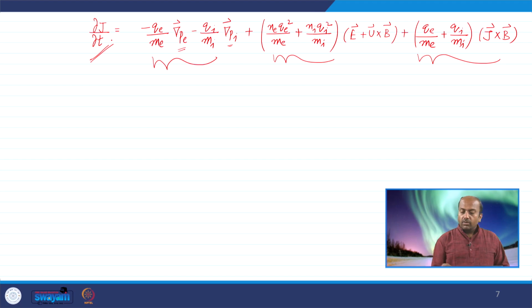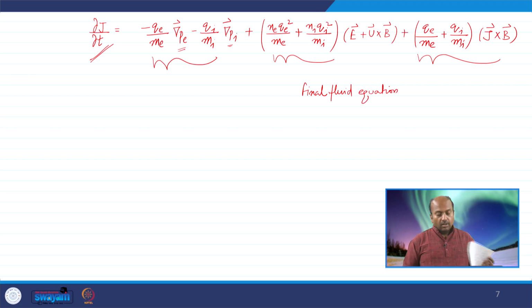So, this equation is called the final fluid equation, the rate of change of current density. Basically, magnetohydrodynamics couples the Maxwell equations with hydrodynamics to describe the behavior of highly conducting fluids such as plasmas. Okay, so this is where we will stop.